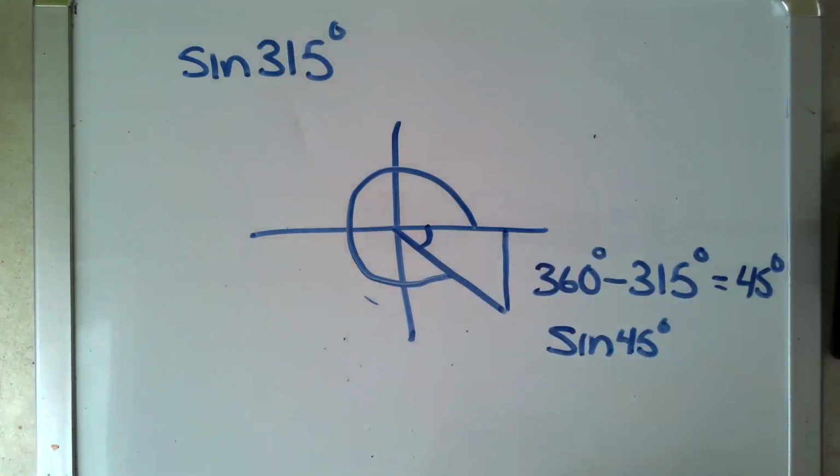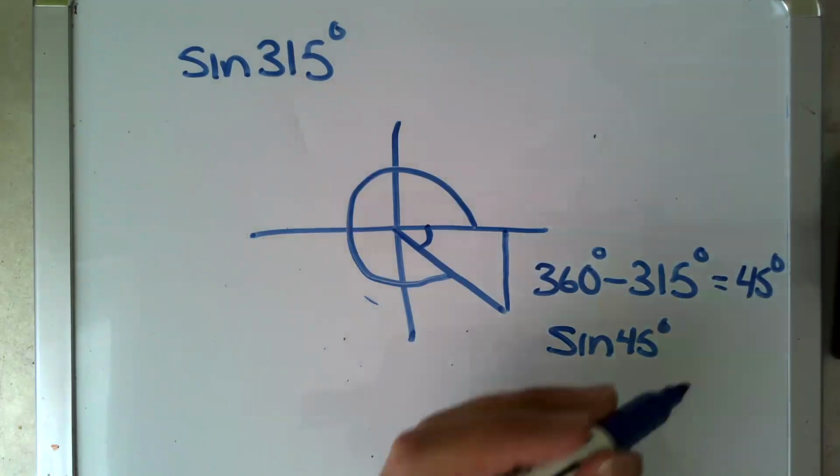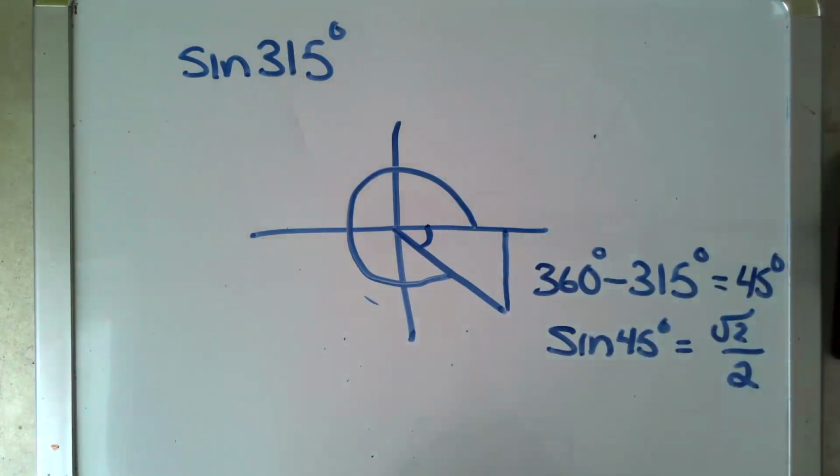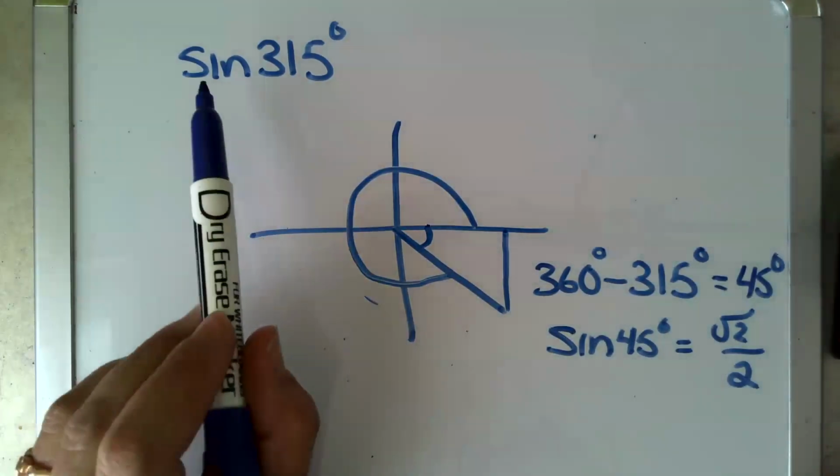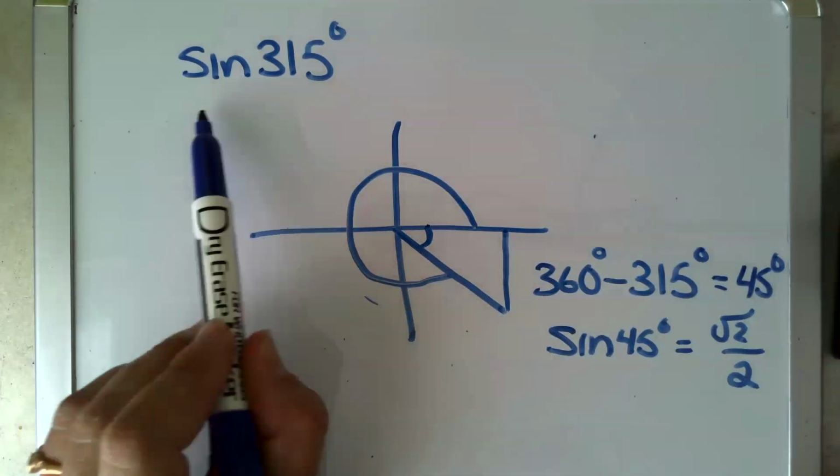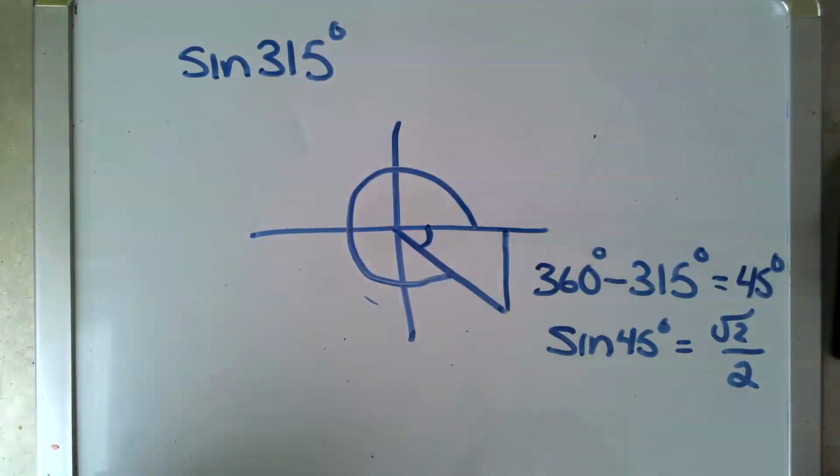So sine of 45 degrees. Well, I've memorized my first quadrant of the unit circle, and I know that sine of 45 degrees is root 2 over 2. And the last thing I do before I give my answer is I check the positive or negative of sine in the quadrant where my actual angle is.